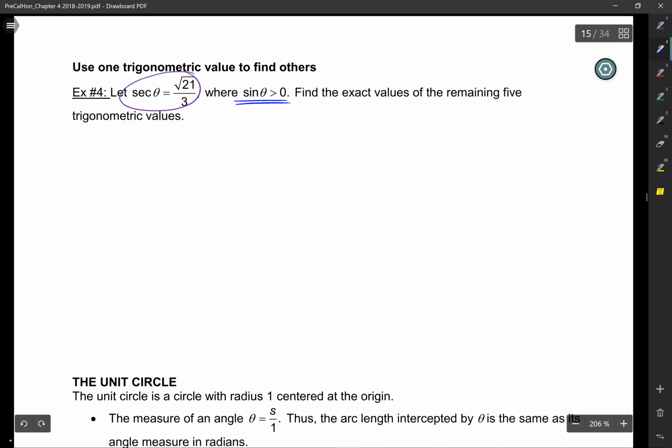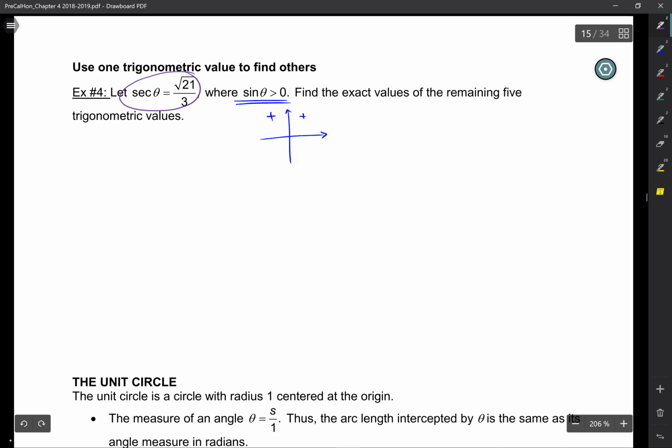All right, we're given that information for a reason. Here's why we're given that information. The fact that we're told that sine is positive tells us which two quadrants we could work in. So look, in which of the quadrants is sine positive? The first and the second. Now, what about secant?